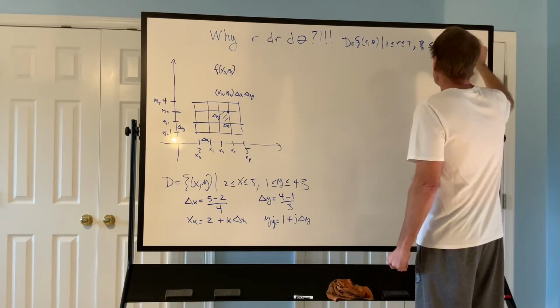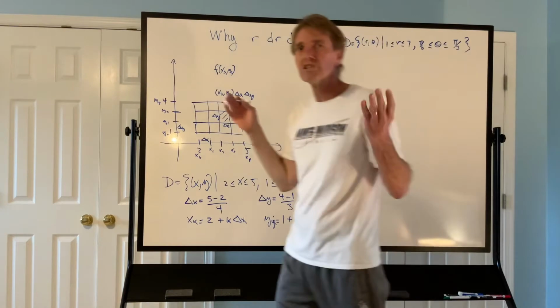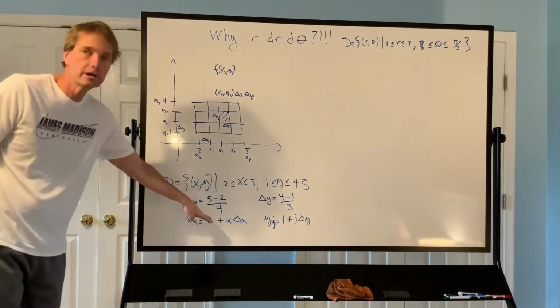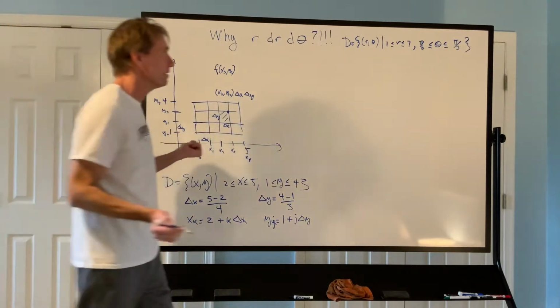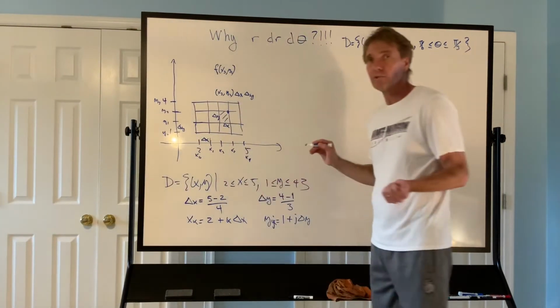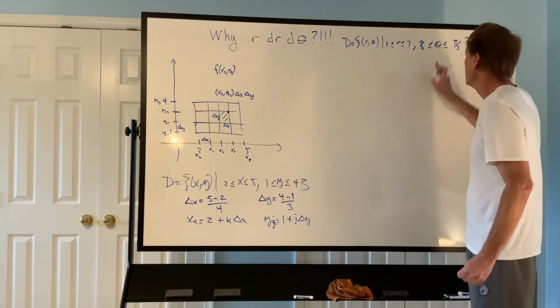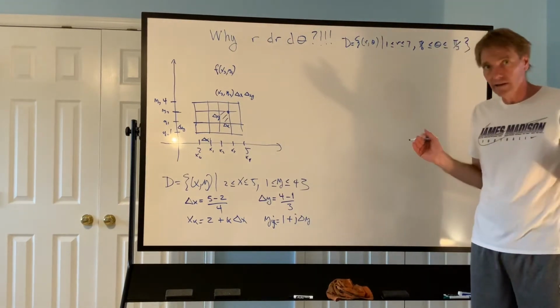Okay, and what we want to do is set up a Riemann sum, just like what we were doing here. Let's do the same kind of thing. Let's chop r, the interval with r, into 4 pieces, and let's chop the interval with theta into 3 pieces.